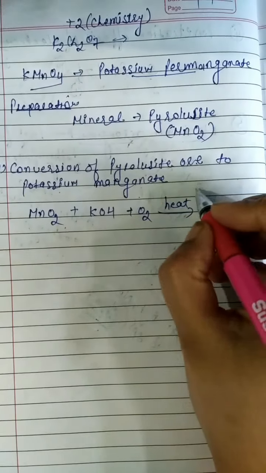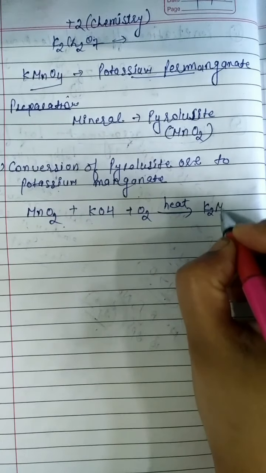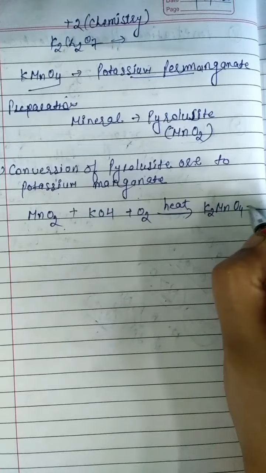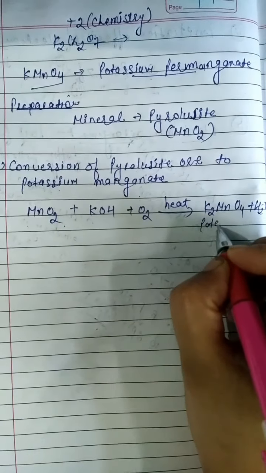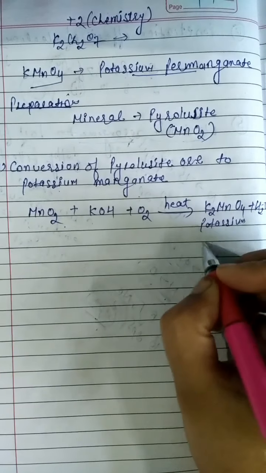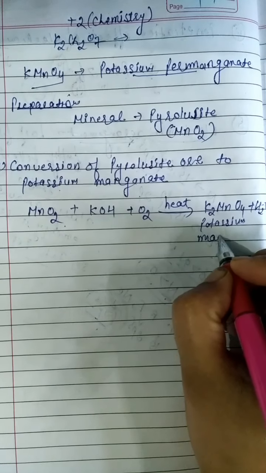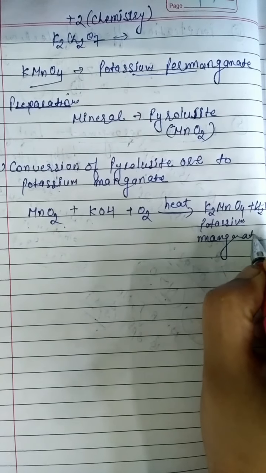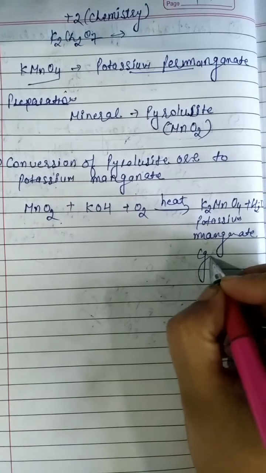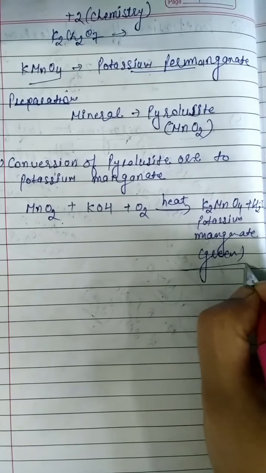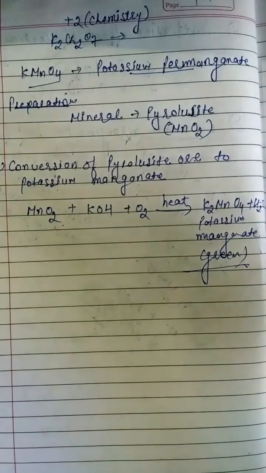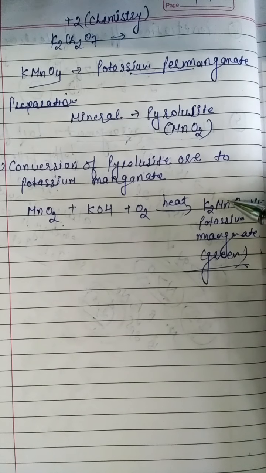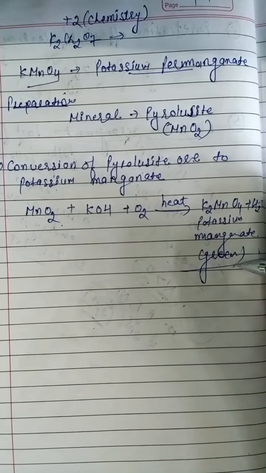Then it is converted into K2MnO4 plus water, and that is called potassium manganate. That potassium manganate is of a green color, a green mass. One more question: what is the color of potassium manganate? It is green.